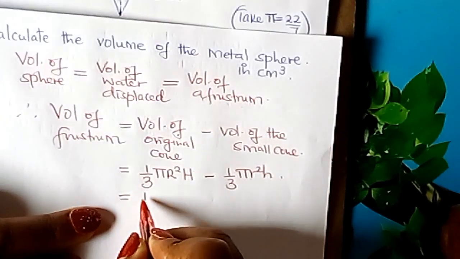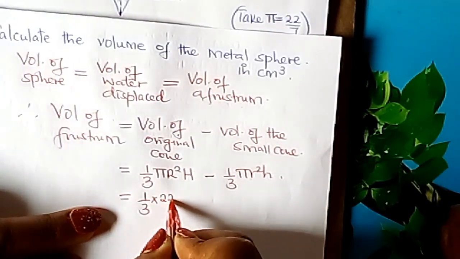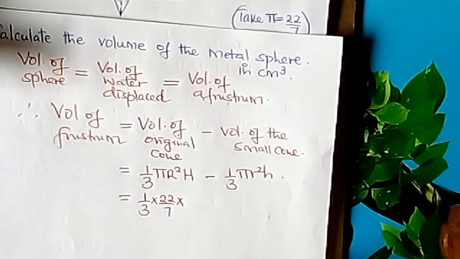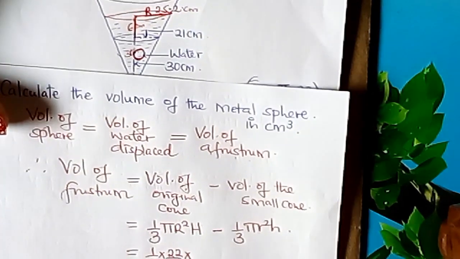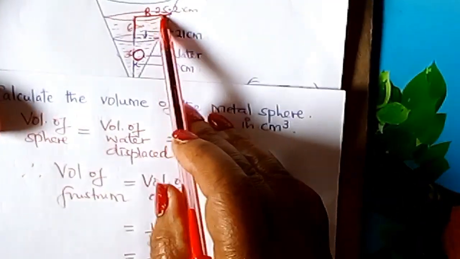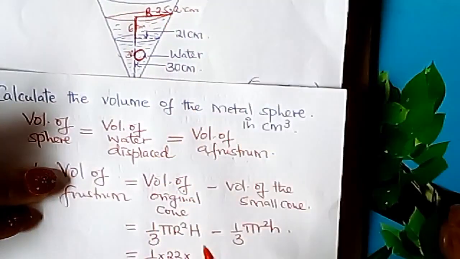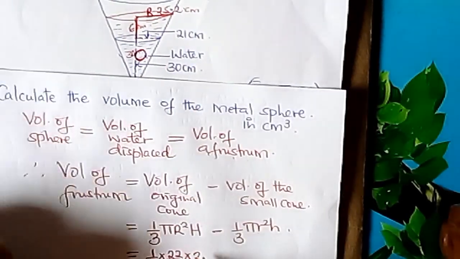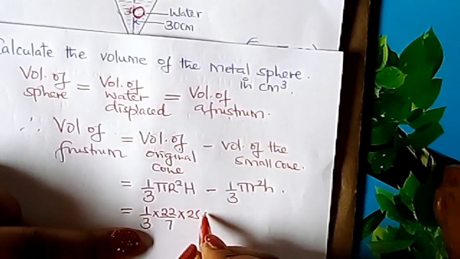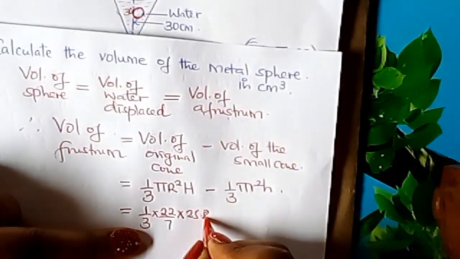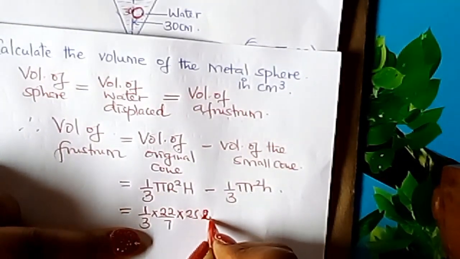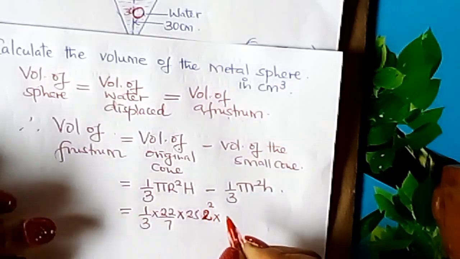We say this is equal to a third times 22 over 7 times the big radius. Look at our big radius, Lana. The radius of the big cone is 25.2 squared times the height.